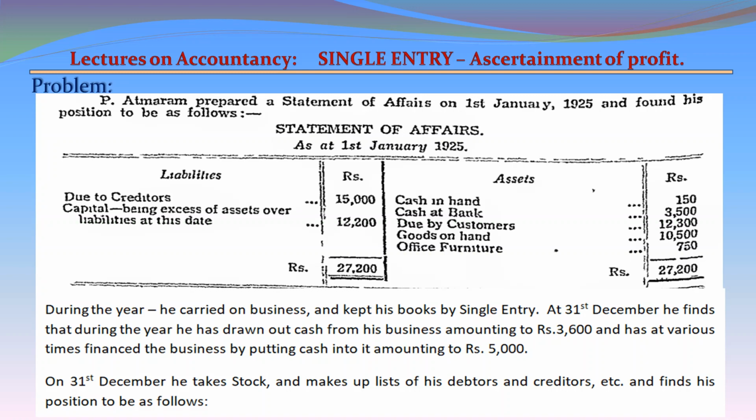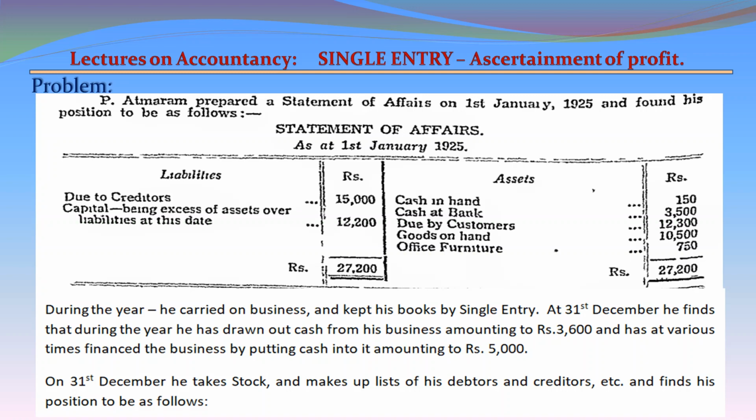On the liabilities side: due to creditors 15,000, capital, being the excess of assets over liabilities at this date, which is the balancing figure, 12,200, total liabilities 27,200.